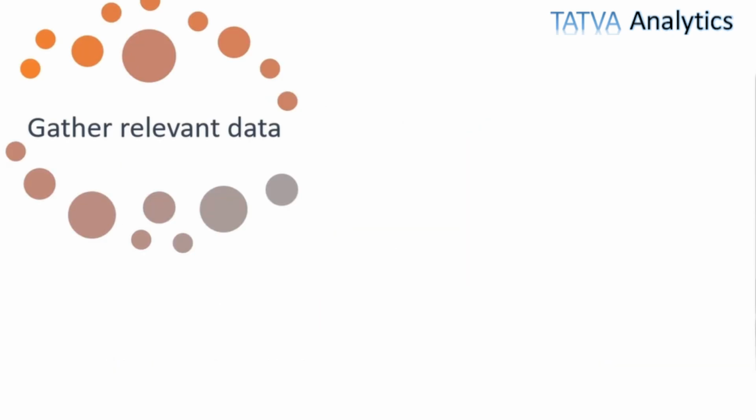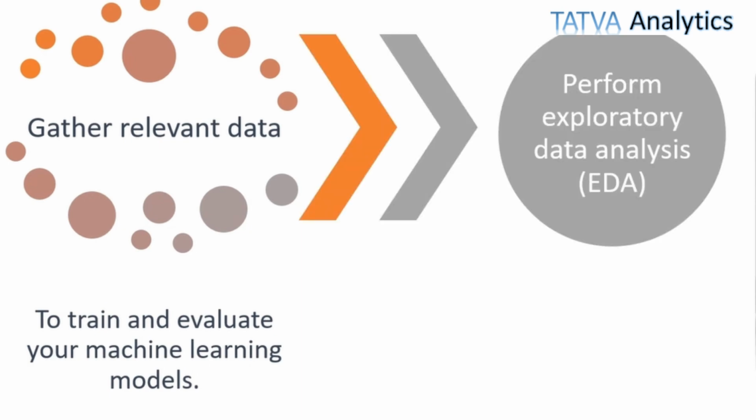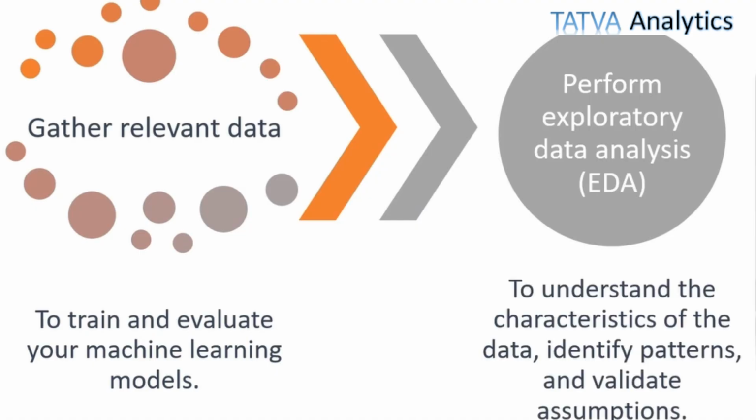The second thing that you need to do is to gather relevant data that will be used to train and evaluate your machine learning models, and perform exploratory data analysis to understand the characteristics of the data, identify patterns, and validate assumptions, right?